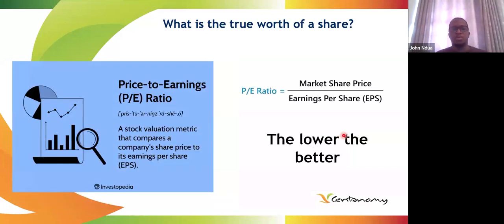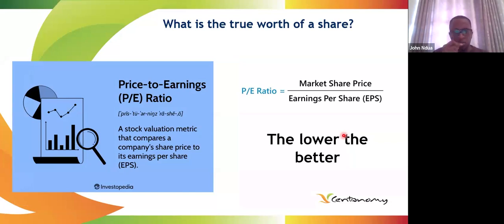Number two, price to earnings ratio. So what is price to earnings ratio? This is the share price of the company divided by the earnings per share you got in the previous calculation.